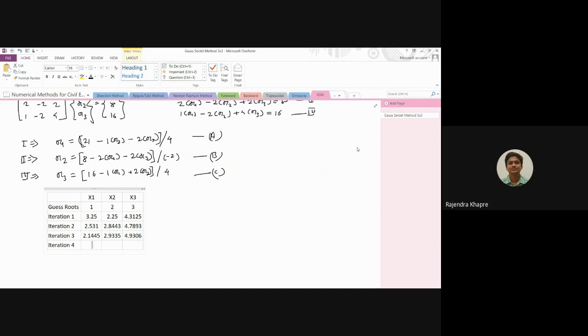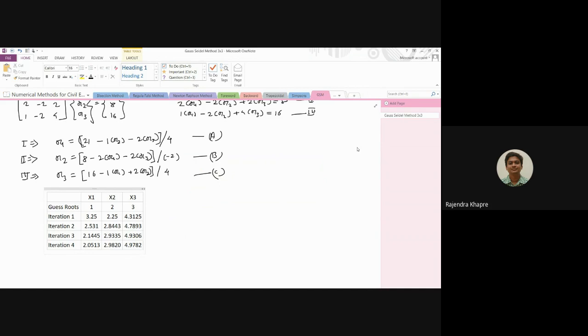Anyone, iteration 4? 2 point 05, 13. Okay. Now just compare the values of iteration 3 and iteration 4.